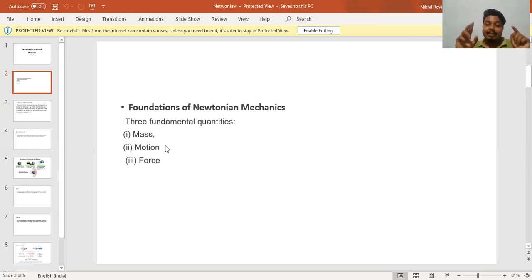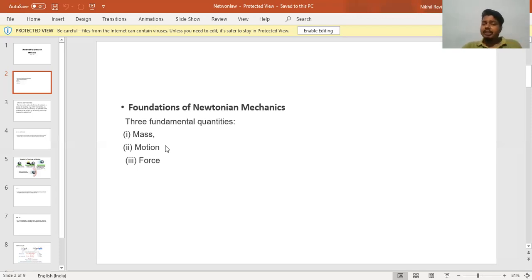What do you mean by acceleration? It is the time rate of change of velocity. That means the velocity will change according to time.